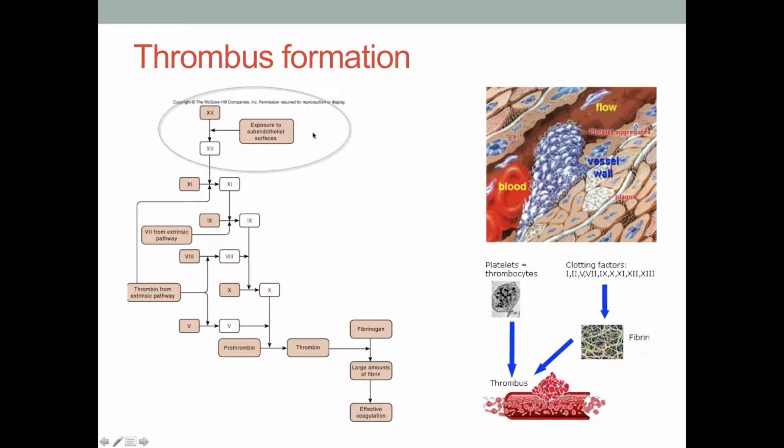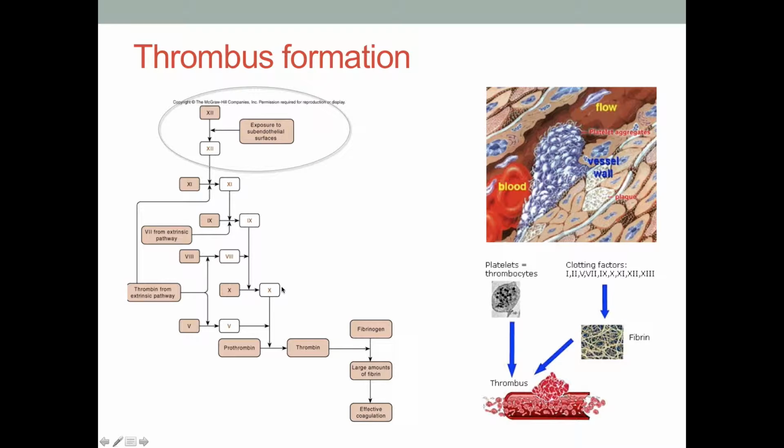However, Hageman factor, factor 12, can do the same thing by coming in and cleaving factor 11, which then activates factor 9, and then co-activates factors 8 and 5, so that we have the activation of factor 10.